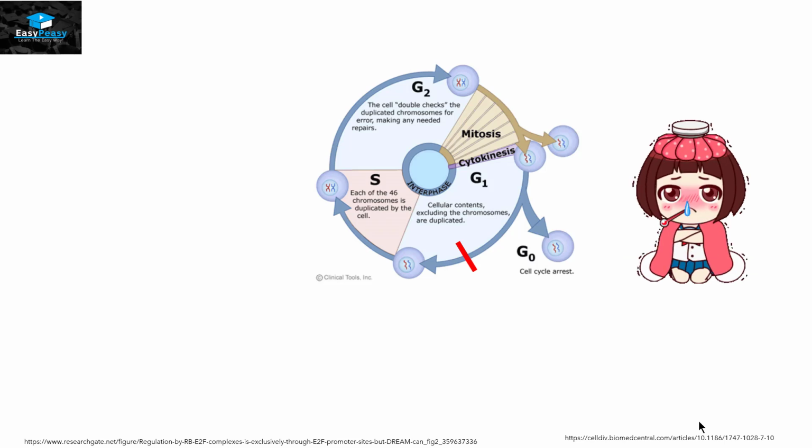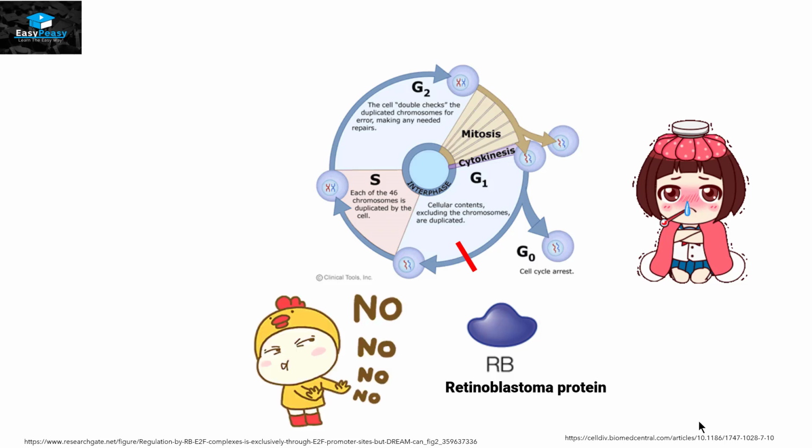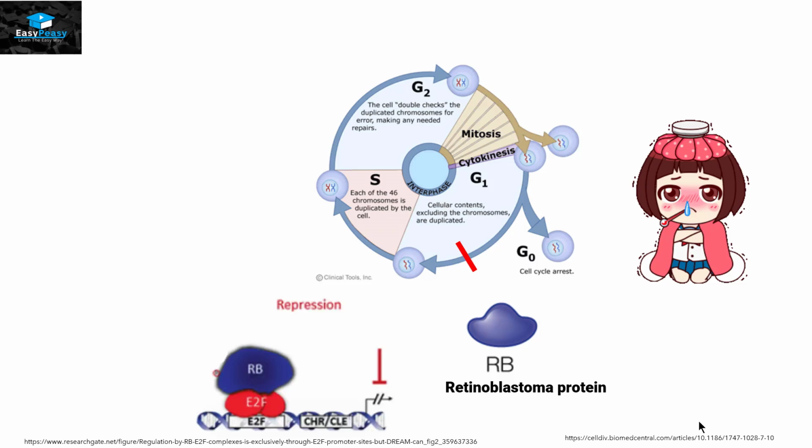At this point, a protein named retinoblastoma protein will get activated. This retinoblastoma protein is going to halt the process at this step and not let it go to the next subcategory. How does it do it? It attaches itself to the E2F protein that is attached to the DNA.